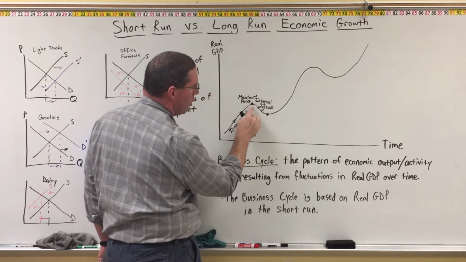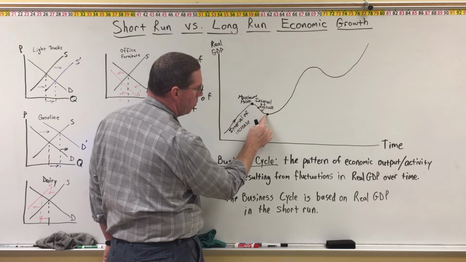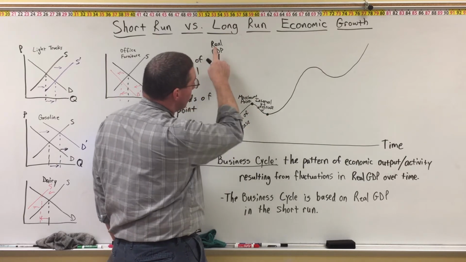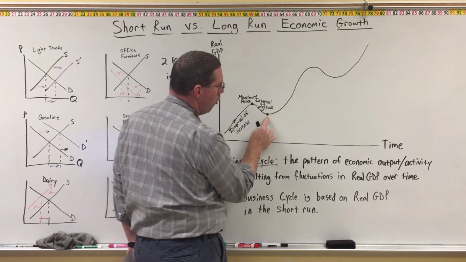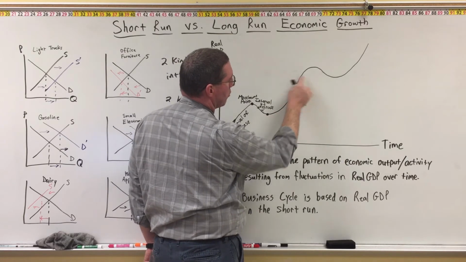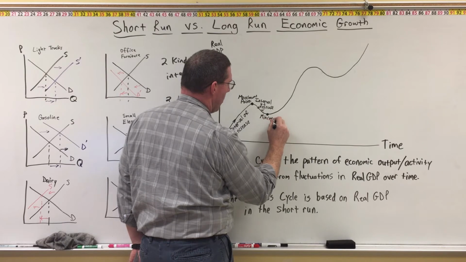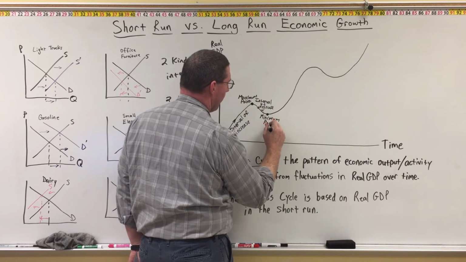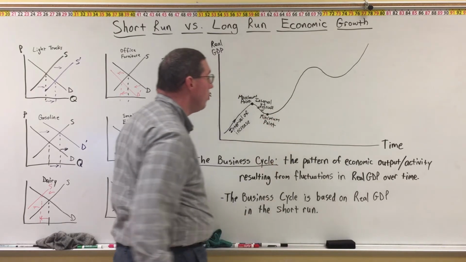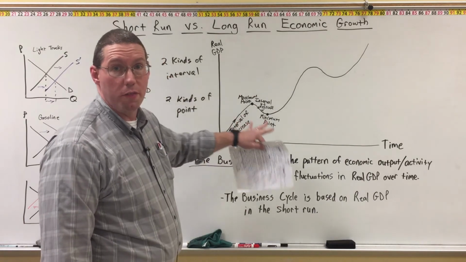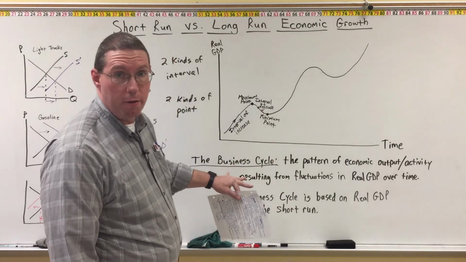That's a low point. So we have an interval of decrease, and then we reach a low point in real GDP, and then after the low point, then we go back to an interval of increase. Okay, so this is called a minimum point, okay? And we have technical names for these 4 things in the business cycle.